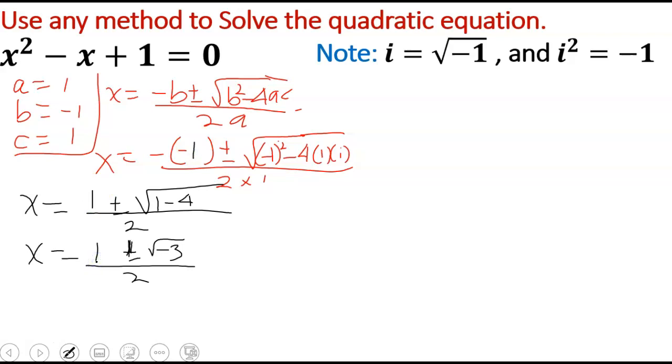So we have the square root of negative 3 is going to be the square root of 3 times i, right? So x equals 1 plus or minus square root of 3 i, okay, because the square root of negative 1 is going to be i. So 3 is not a perfect square, so leave it like that, and over 2.